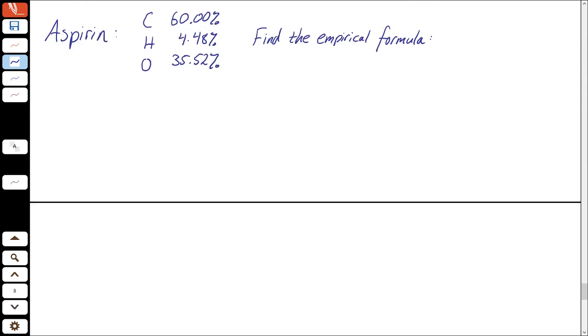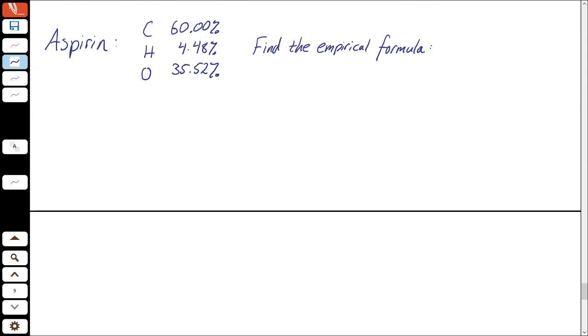All right, so we're going to first just rewrite them as grams, and then convert to moles. So 60.00 grams of carbon is 4.996 moles.